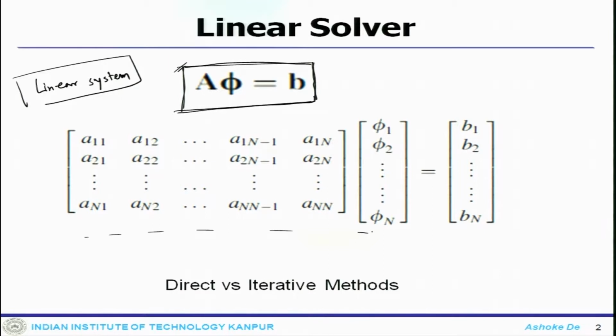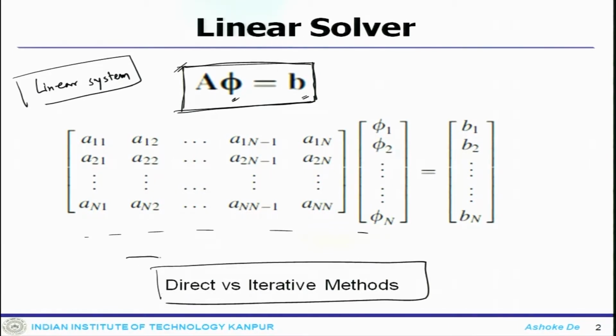There are primarily two approaches one can adopt. One approach is that I have a matrix, a variable to be found, and the right hand side vector. One can adopt a direct approach, where you directly get the A inverse, or one can solve iteratively.